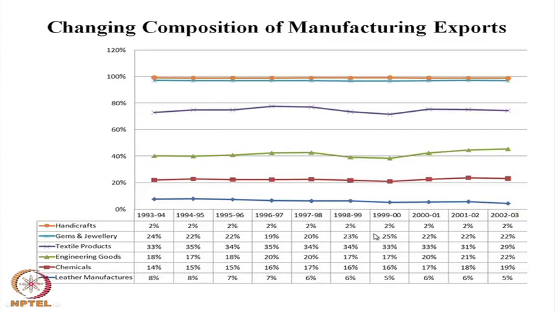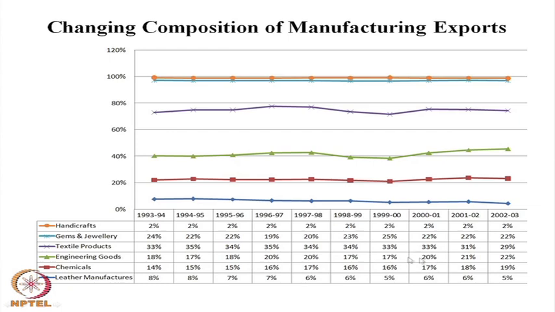If you see the manufacturing side, which we have divided into parts like handicraft, gems, jewelry, textile, engineering, chemicals and leather product, similarly from 93-94 till 2002-3, the same manufacturing base, gems and jewelry, constitutes nearly 22% of export revenue, textile product and ready-made garment nearly 35%, and engineering goods nearly 17 to 20%.